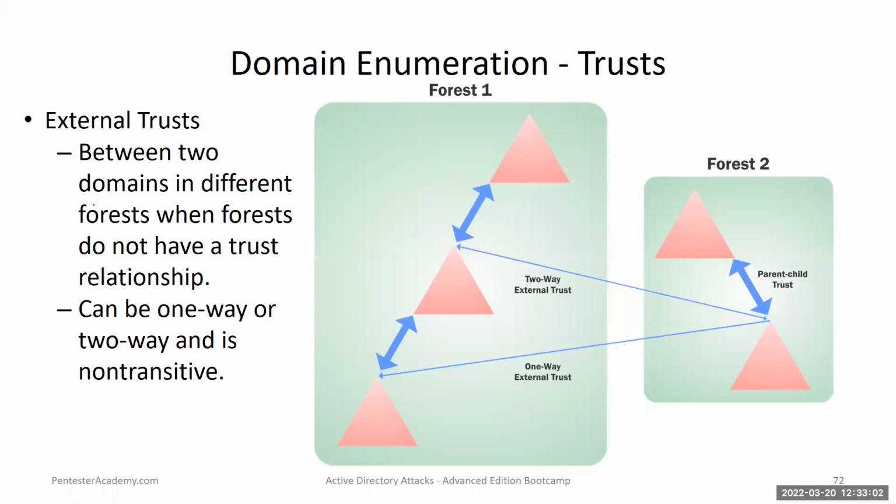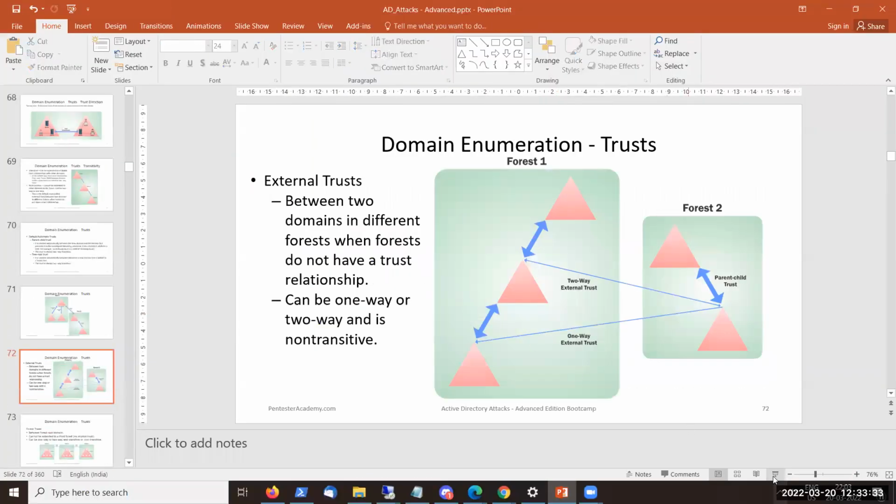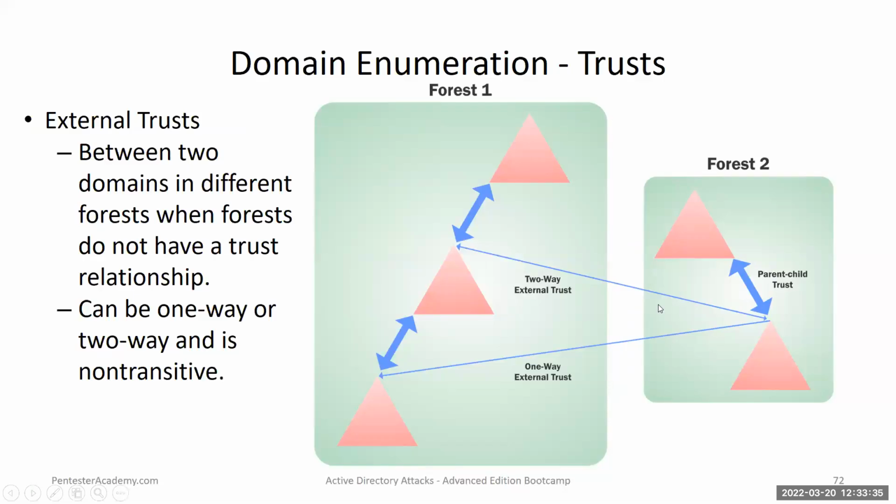In an external trust, what is an external trust? When a trust relationship is established between two separate forests and at least one of the domains is not the forest root. So any trust relationship between the forest roots is called a forest trust. Anything else is called external trust. External trusts can be one-way or two-way, and they are non-transitive.